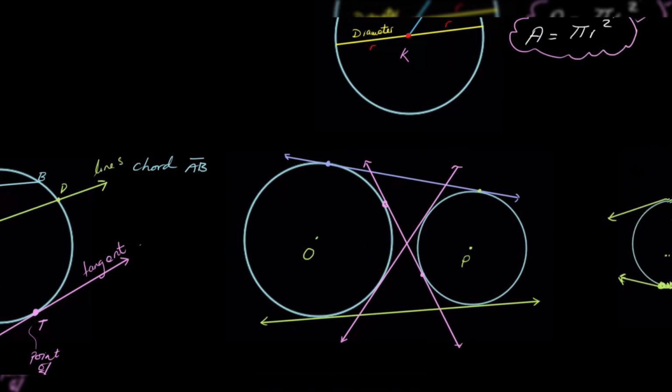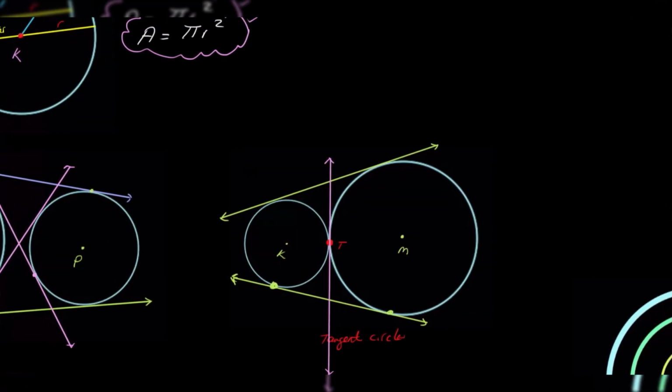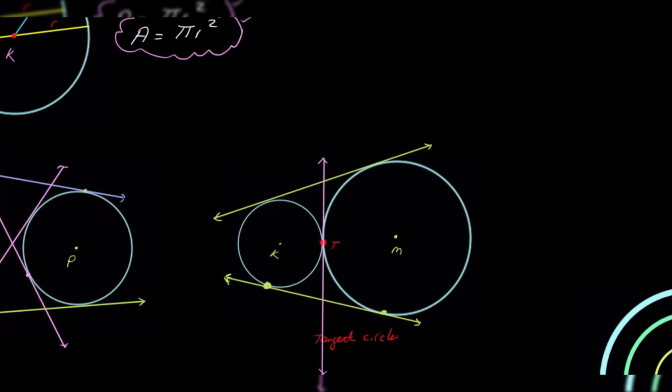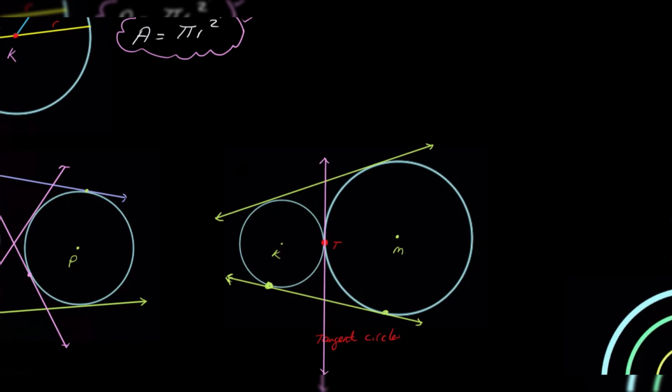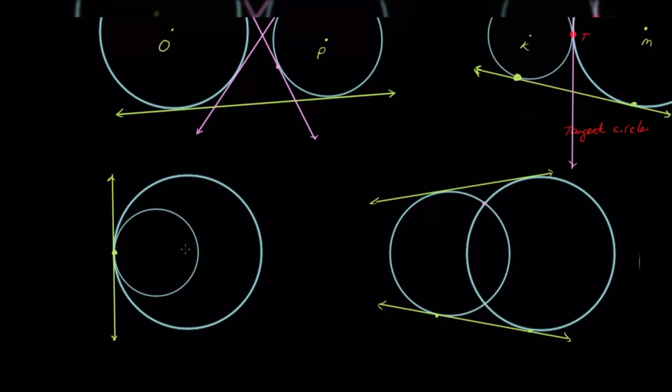Now, we explored some tangents. If we have 2 non-intersecting circles, it appears that you'll have 4 tangents. If you have tangent circles, it appears that you'll have 3 tangent lines. And if you have tangent circles where one is in the interior of the other circle, it appears that you'll have only 1 tangent line.